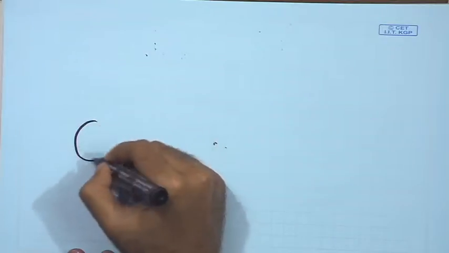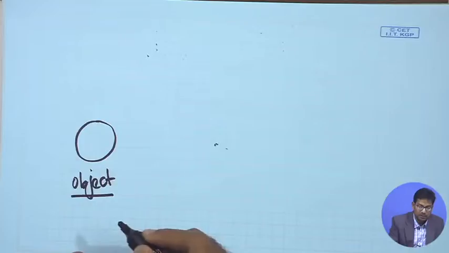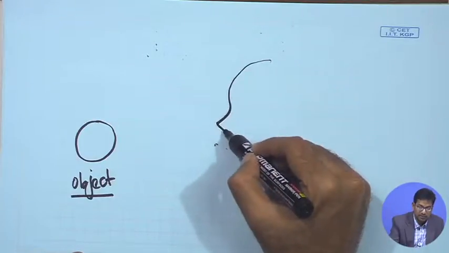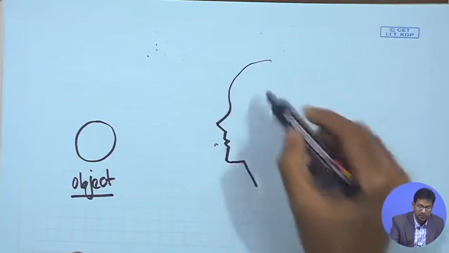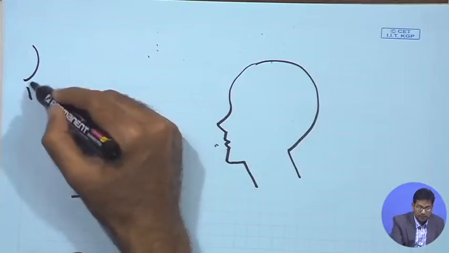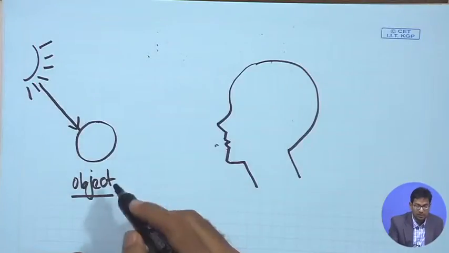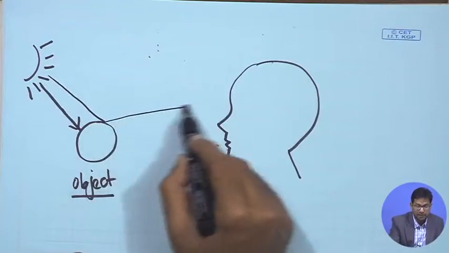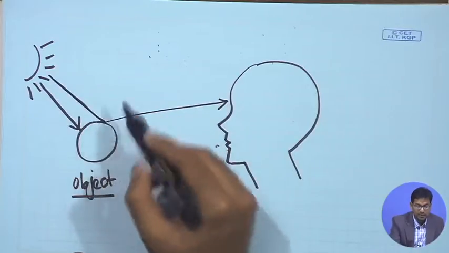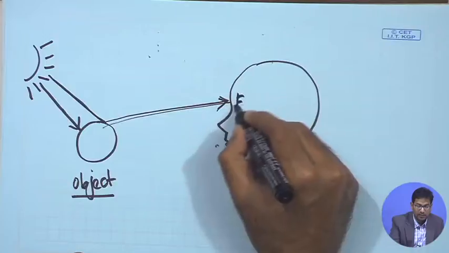In other words, we have a particular object situated here, and this is a human individual looking at that object. The light source emits light which falls on this object and reflects light rays which hit our visual organ, which is our eyes.